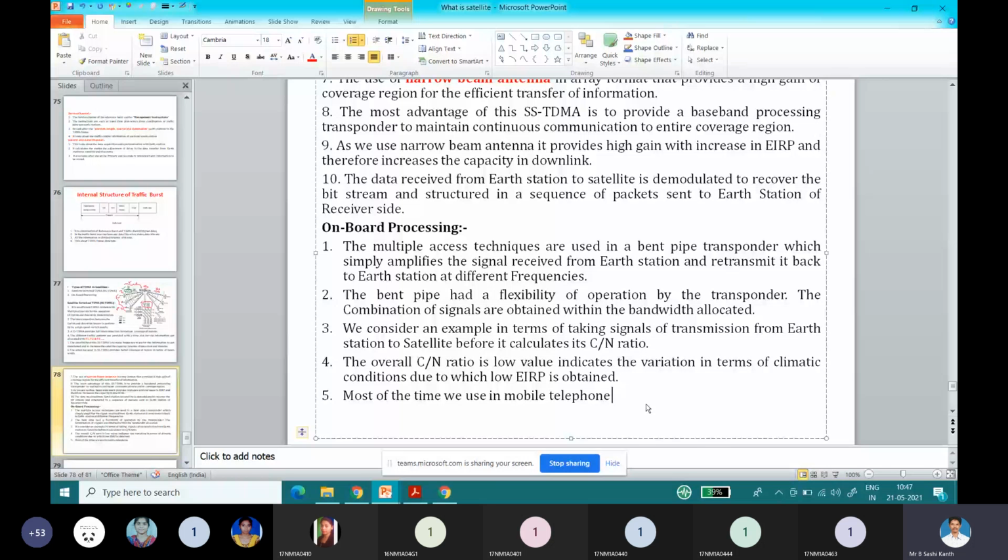The name itself says it is a combination of the SS TDMA technique with an onboard processing transponder, which helps us to understand.